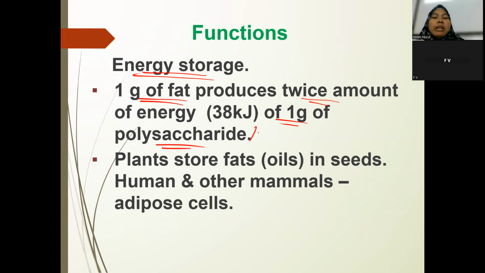Contoh polysaccharide, kita dah tengok starch kan? Starch banyak dalam contohnya potato. Potato, rice, keledi, they are rich in polysaccharide. Kompleks gula, sugar complex. So, awak bayangkan awak makan 1 gram kentang dengan 1 gram minyak ikan, tenaga yang dibekalkan oleh 1 gram minyak ikan tu lebih tinggi. Okay, alright.